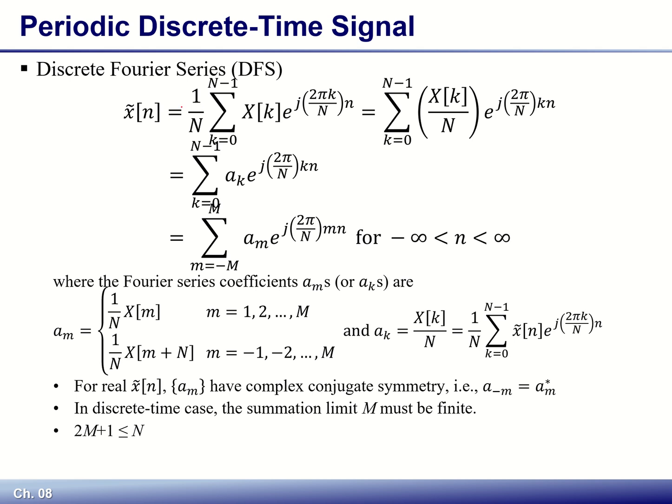To derive the discrete Fourier series for x[n], we consider the result of the IDFT.